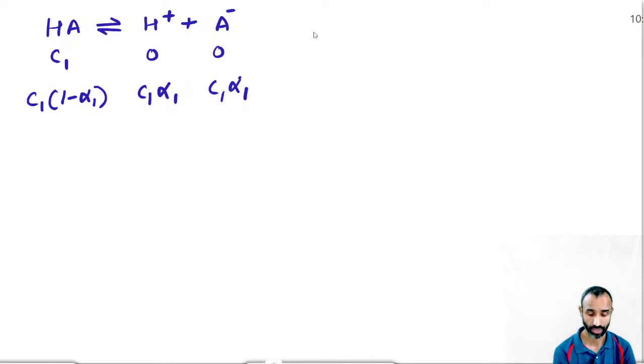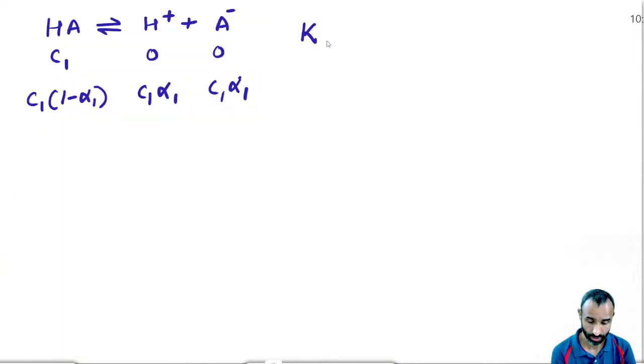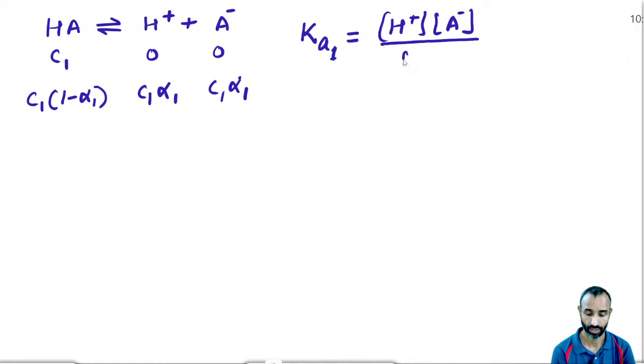So let us calculate K, the dissociation constant. Let us say it is Ka1. So Ka1 is equal to H plus concentration, A negative concentration divided by HA concentration.